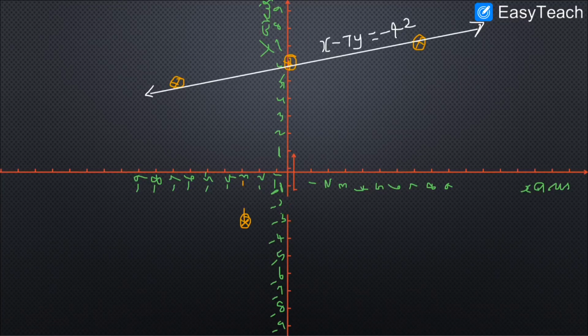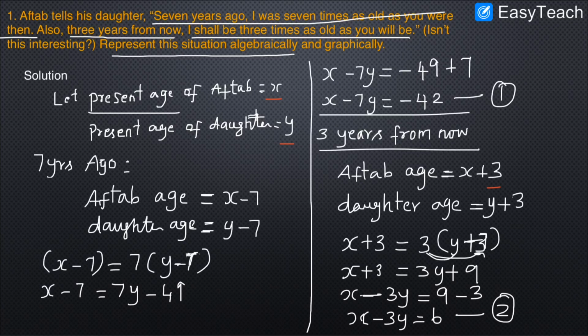Then 3 comma minus 1, which is here. I join these points with a straight line. This is our straight line for x minus 3y equals 6. Hence we represent this situation algebraically and graphically. Thank you.